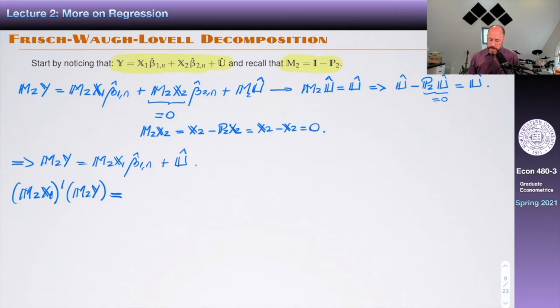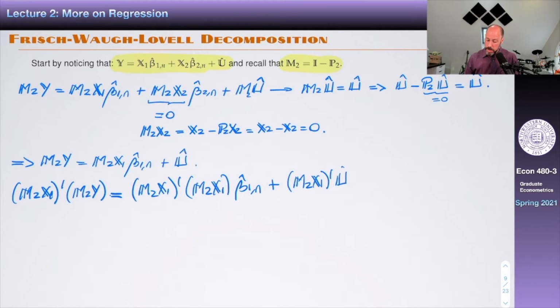And then we keep going. We're going to have M2 x1 prime times M2 x1 beta hat 1n plus M2 x1 prime U hat. And then we're going to look at this term over here.